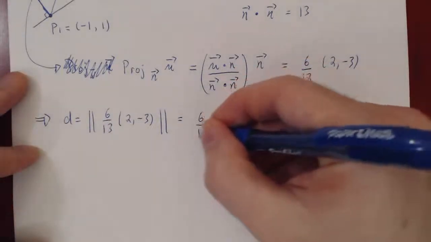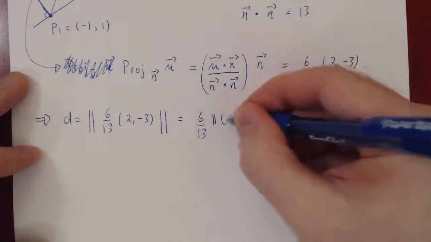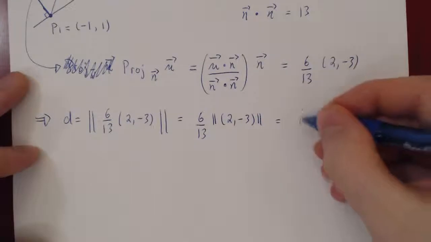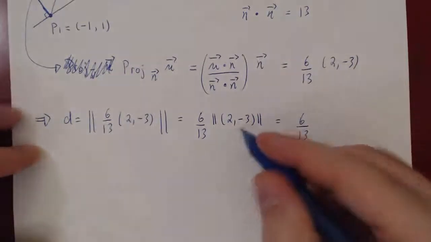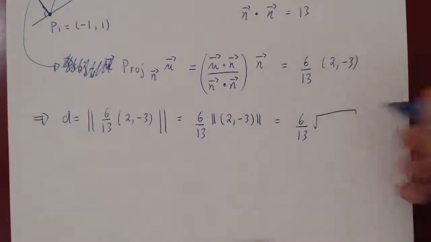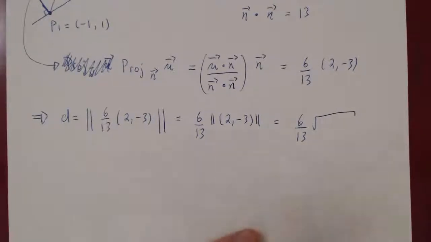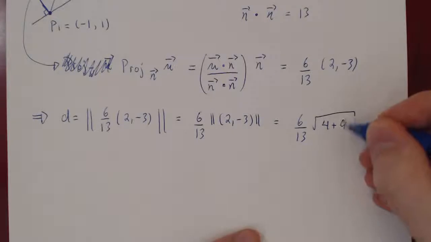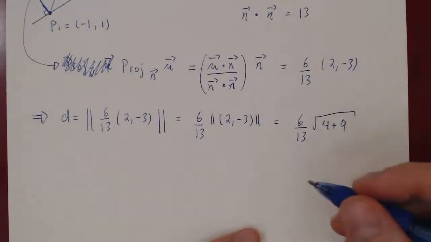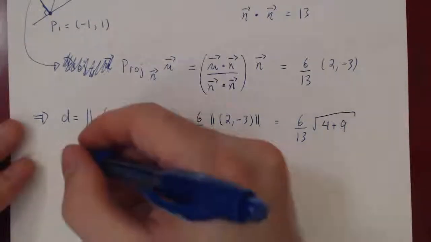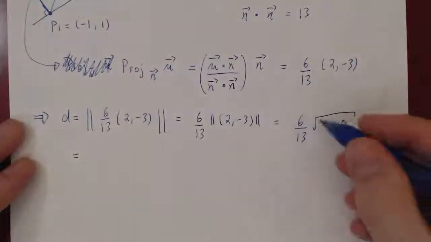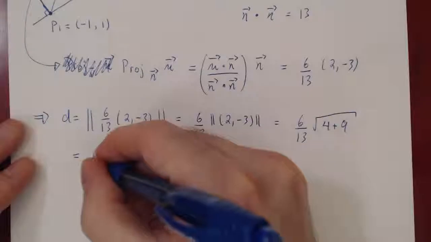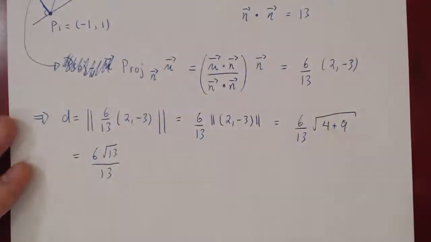This is just 6 over 13 times the norm of vector (2, negative 3). And by Pythagoras' theorem, the norm of a vector is the square root of the sum of its entries squared. So 4 plus 9. But 4 plus 9 is 13. So you see the distance between the point P naught and the line L is 6 root 13 over 13.